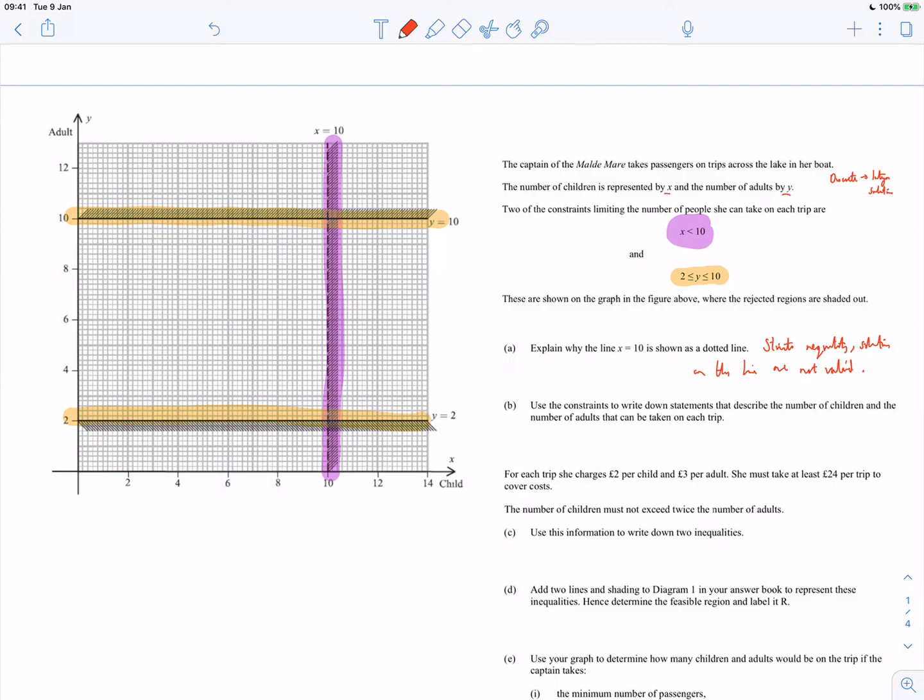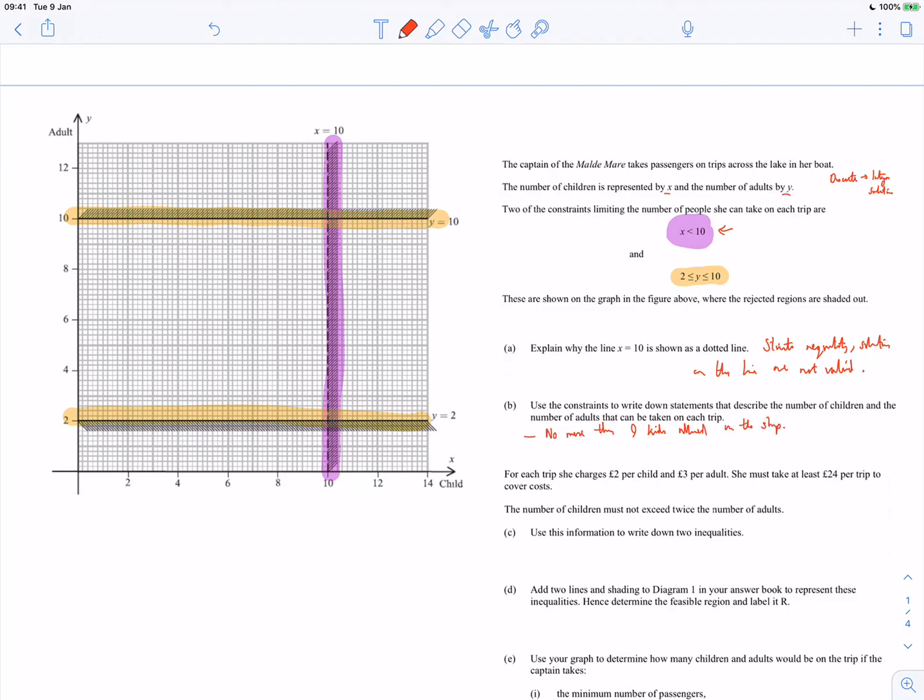Use the constraints to write down two statements that describe the number of children and the number of adults that can be taken on each ship. Okay, so what is this saying? Well, what does the constraint x is less than 10 mean? Essentially, the first one is saying no more than 9 kids allowed on the ship.